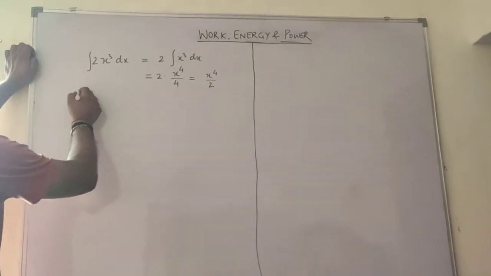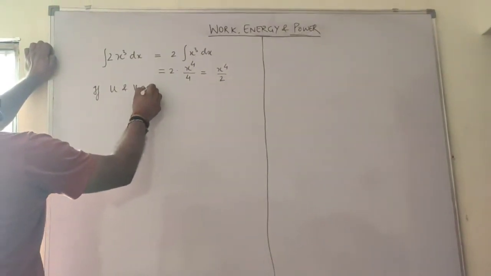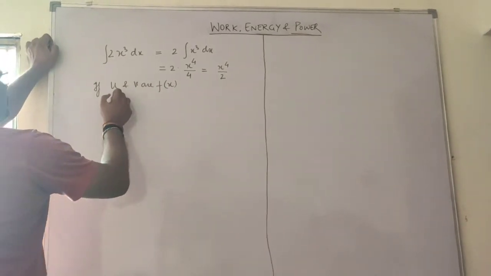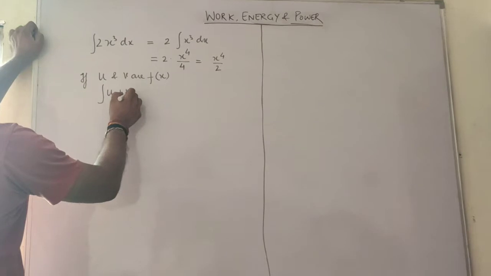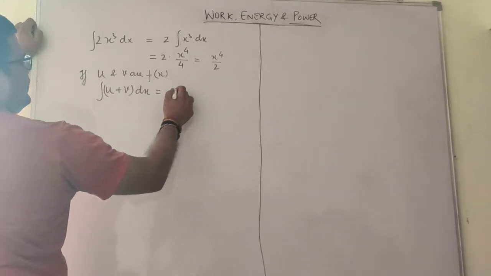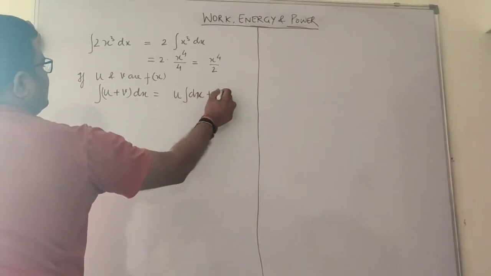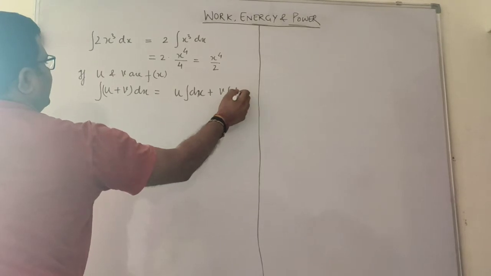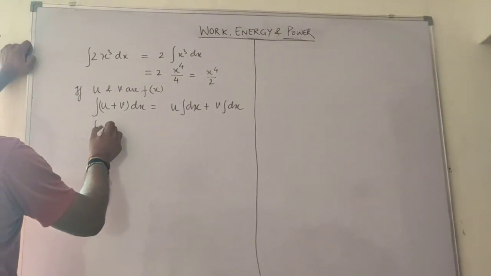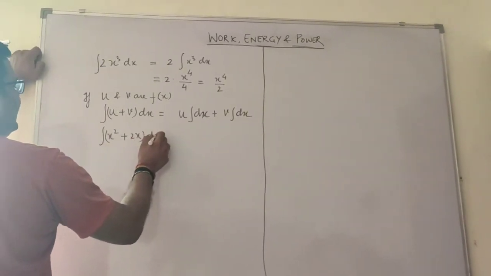Now you can see, if u and v are functions of x, then the integration of (u plus v) dx will be the integration of u dx plus the integration of v dx. For example, I want to integrate x square plus 2.